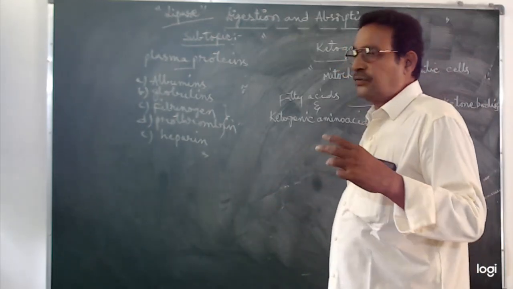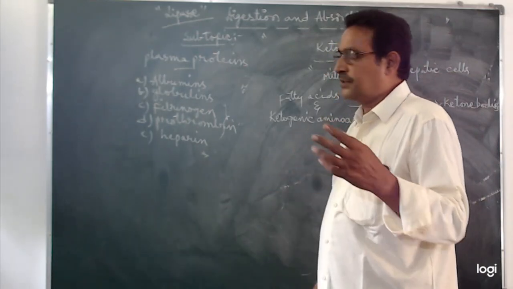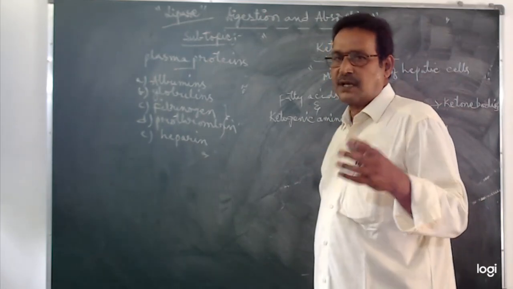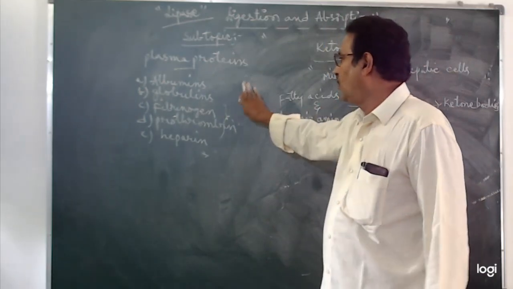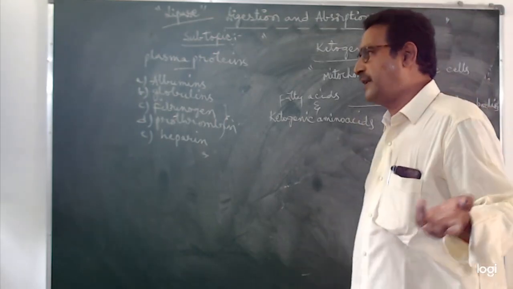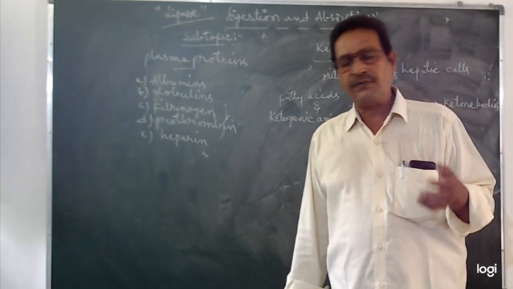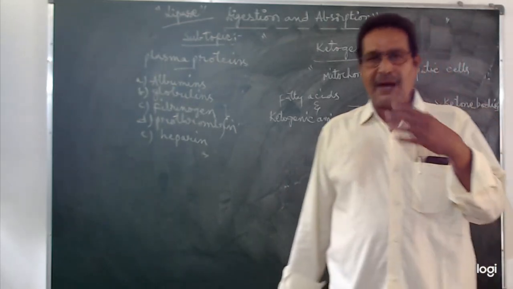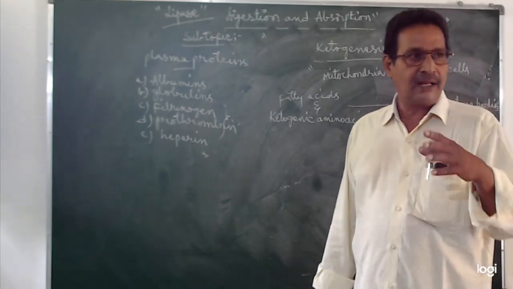First we discussed the liver, its digestive function, the role of bile in the process of digestion, and then so far we have discussed the functions which are not related to the digestive function of liver. It has so many functions. Apart from this, it is considered a master gland. That is the reason it is considered a master gland.